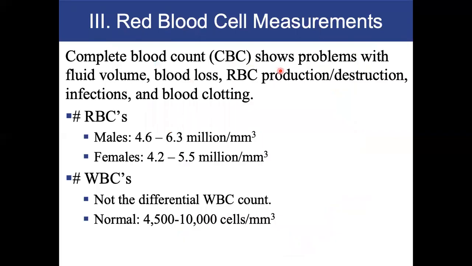Okay, red blood cell measurement. So this is what we're going to be doing for lab. A CBC, or complete blood count, is going to give you the number of red blood cells, the hemoglobin concentration, the hematocrit, so the packed red blood cells, the number of white blood cells, the differential white blood cell count, so how many of each type of white blood cell you have, like how many neutrophils, basophils, eosinophils, monocytes, and lymphocytes, plus the different types of nutrients.